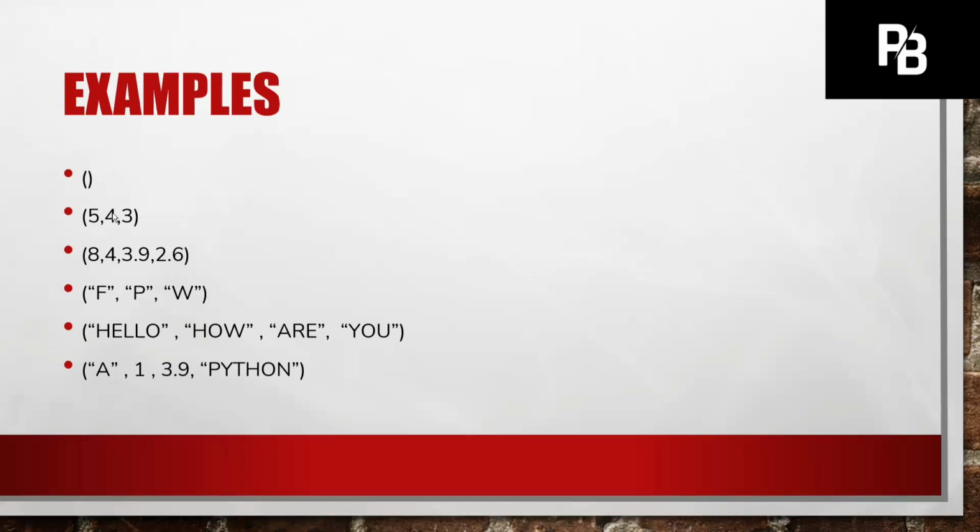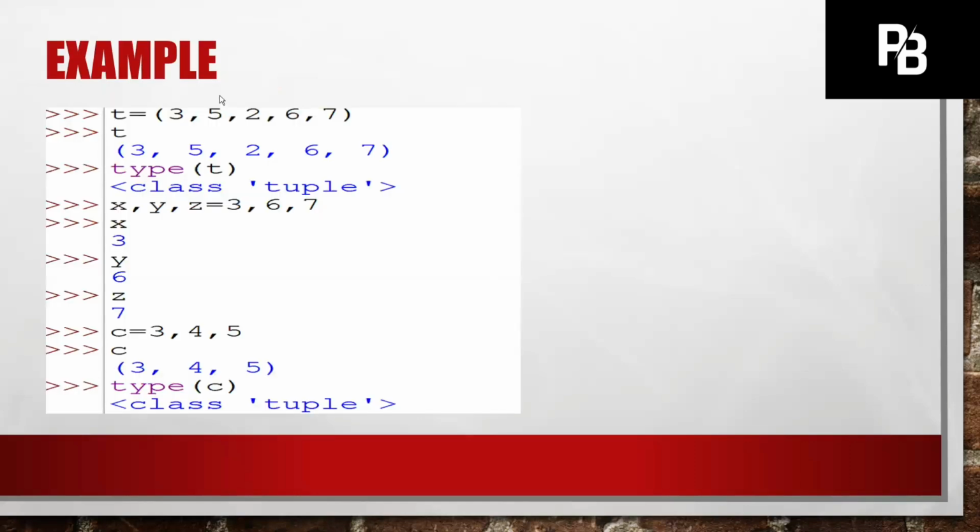If you want an integer tuple, then you can simply declare it. If you want a string tuple, then you can declare it. Okay. Now we can see some code in IDLE. Like this is my tuple. I print this tuple. Now if I want to check the type of T, I check the type of T, so it is tuple.